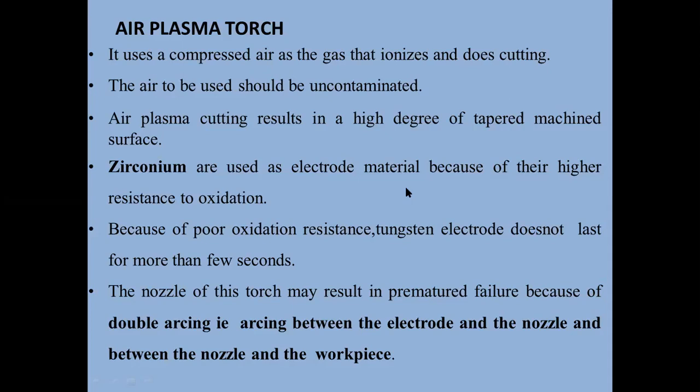Uncontaminated means it should be pure, with no contaminating substances. General air contains contamination like humidity particles, atoms, even wood particles. Such contaminations should be filtered before we use air as the source of gas in an air plasma torch.